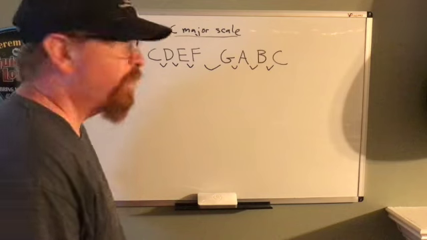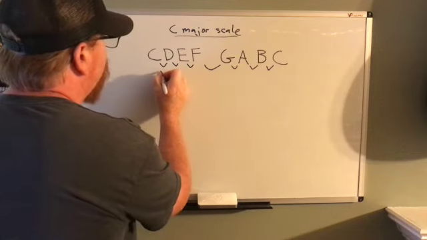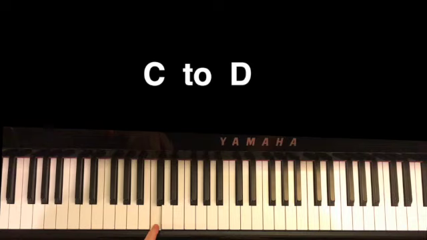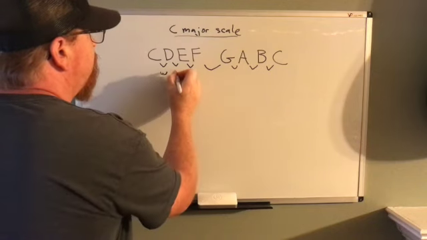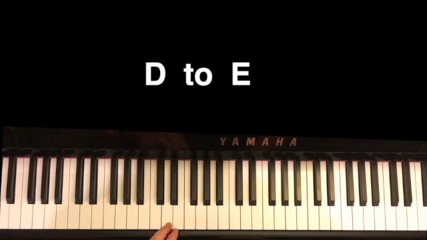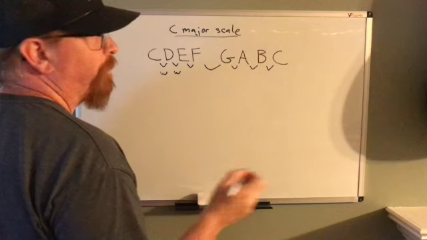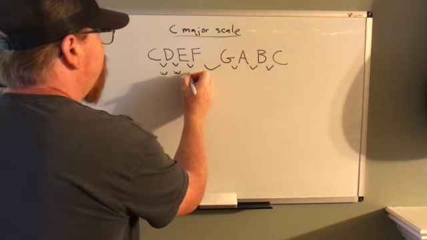So, of course, we noted that from C to D is a whole step. From D to E was also a whole step. But then from E to F, it was a half step.